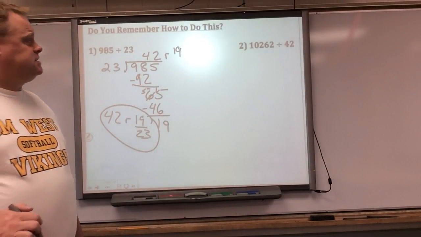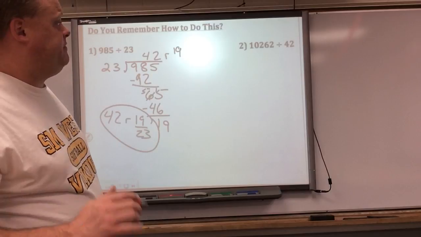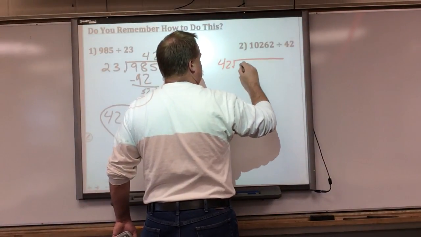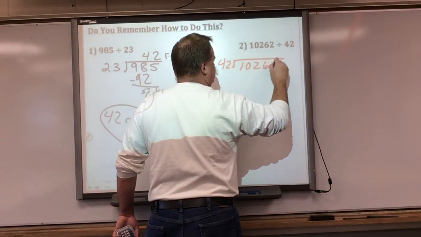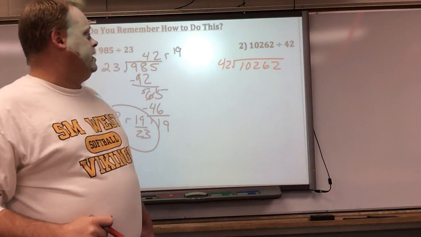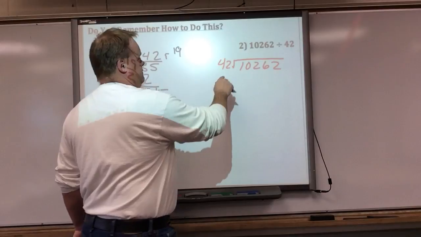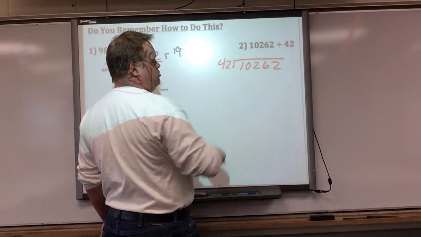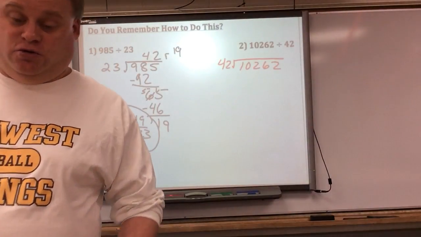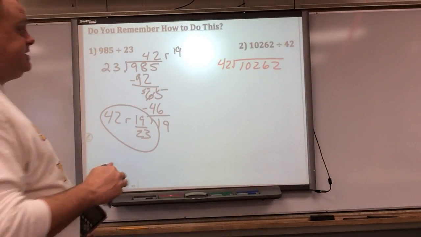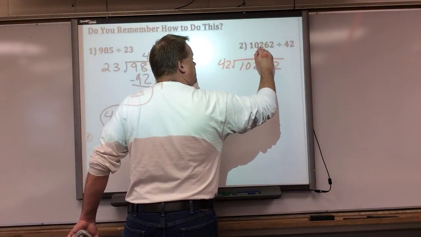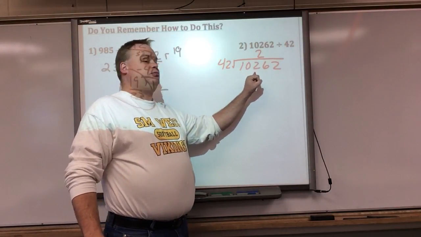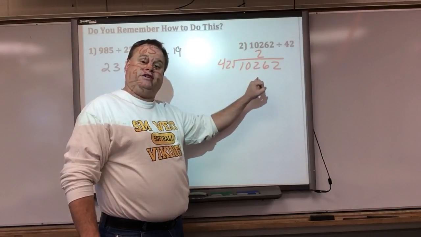I've got 10,262 divided by 42. So 42 on the outside, 10,262 in there. So how many times can 42 go into 1? No. Can 42 go into 10? No. 42 into 102. Well, looks like it's going to be 2 times. And notice that I write the 2 over, not the 1, not the 0, but the 2 because I'm going to 3 digits.